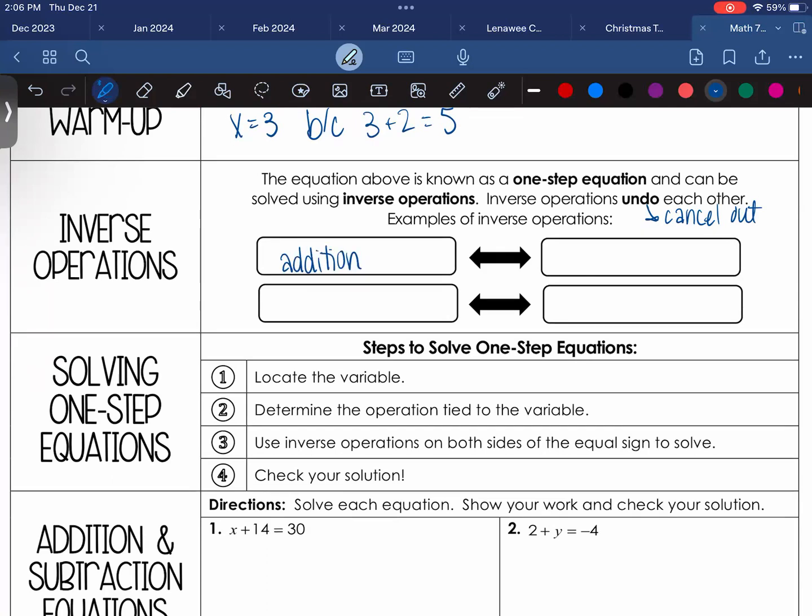What do you think the inverse operation of addition is? It would be subtraction. So the inverse of subtraction is addition. And then obviously we have multiplication and division. Those are inverse operations of each other also.